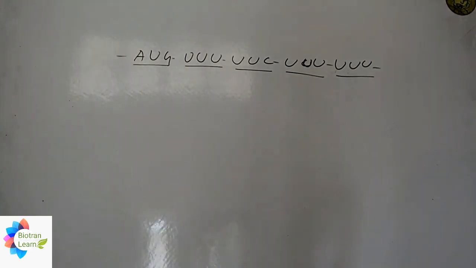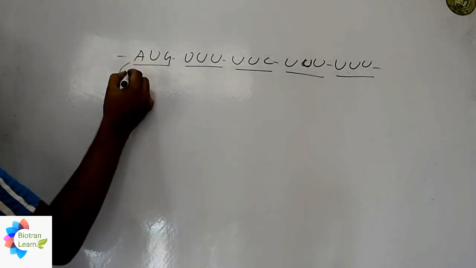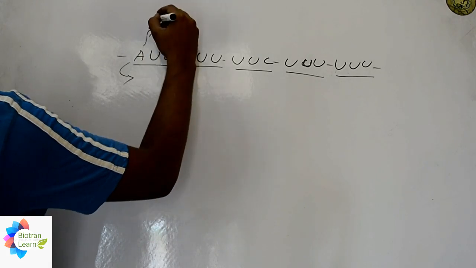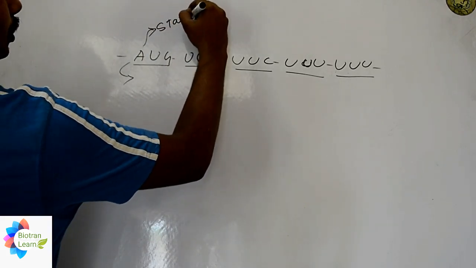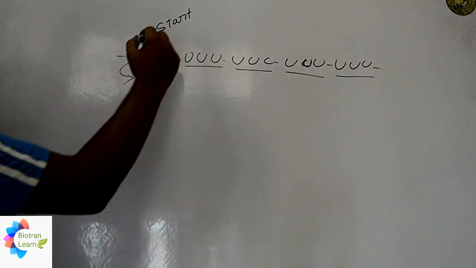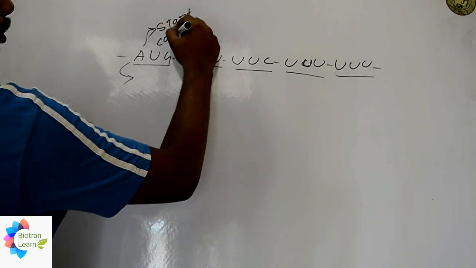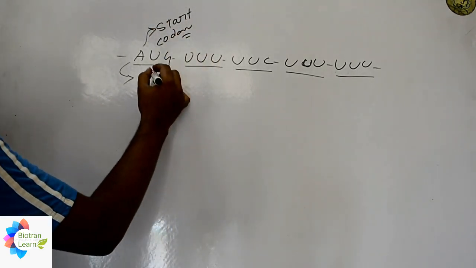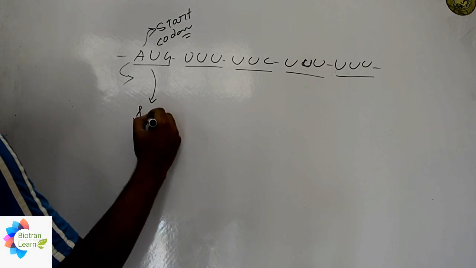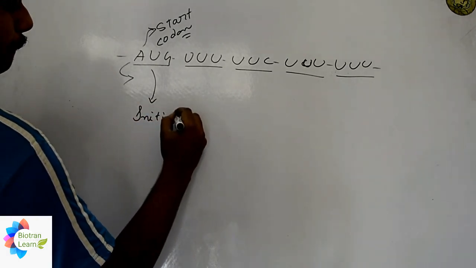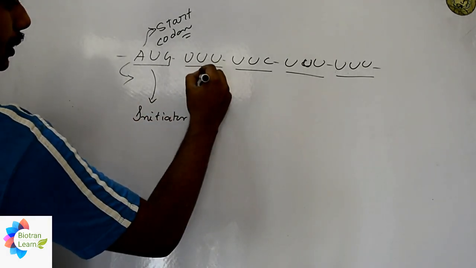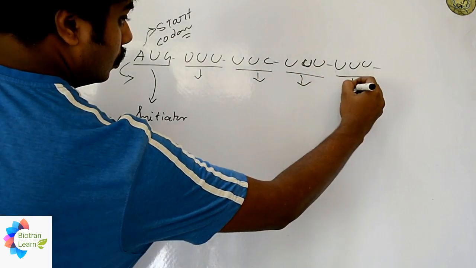In this particular sequence, suppose this one will start the translation. That's why it is known as the start codon, or another name is initiator codon. And these are the functional codons.